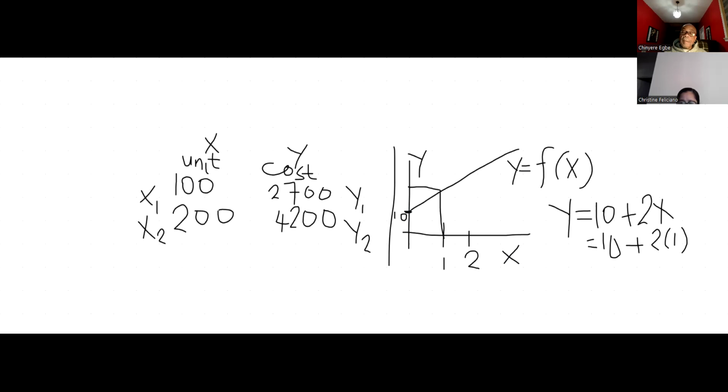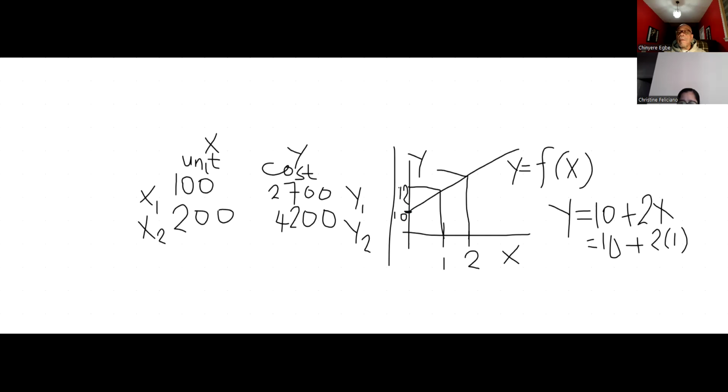What is 2 times 1? 2. 2 plus 10 is what? Yes, 12. Very good.